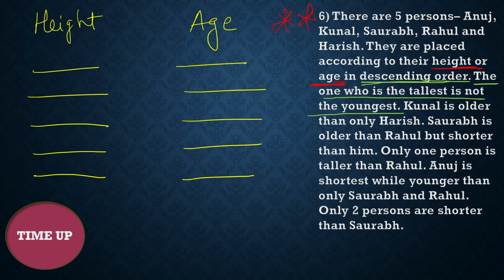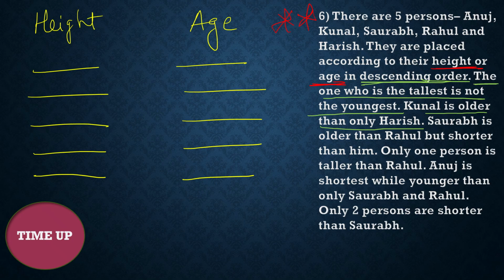Next. Kunal is older than only Harish. In this type of question, when two things are given, height and age, and you need to arrange the persons, first see whatever more information is given about height or age. Read the question carefully.